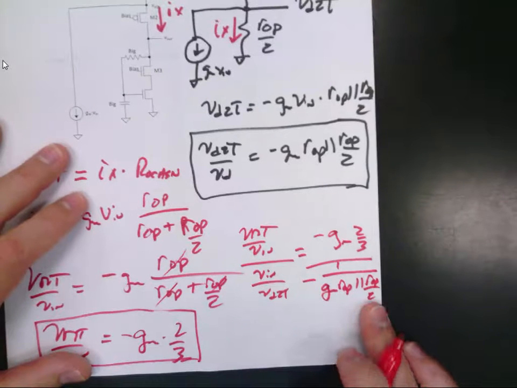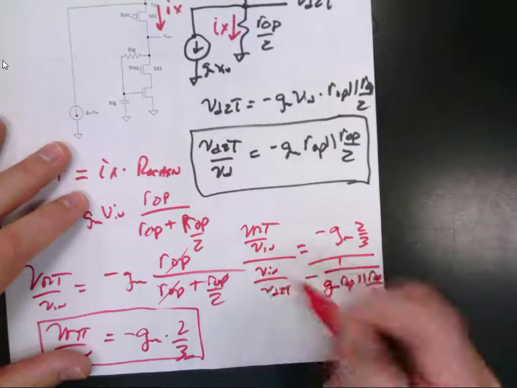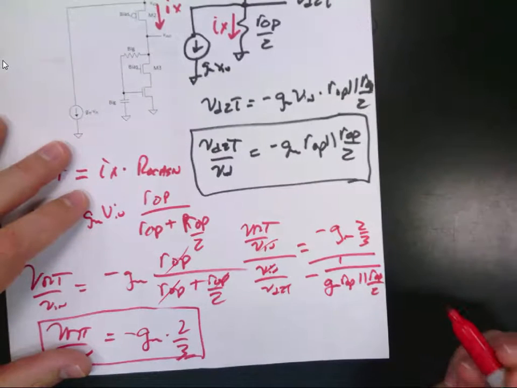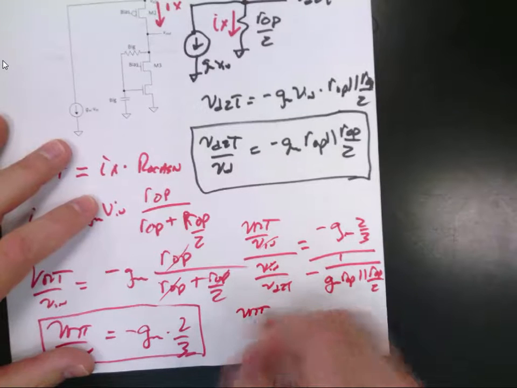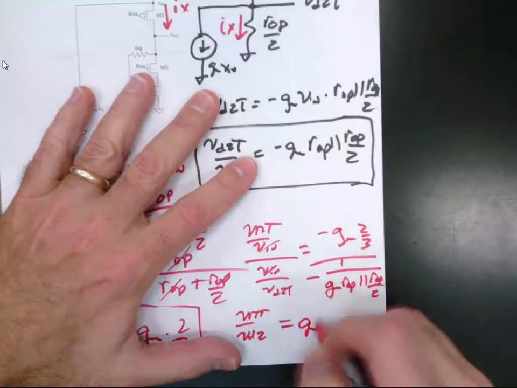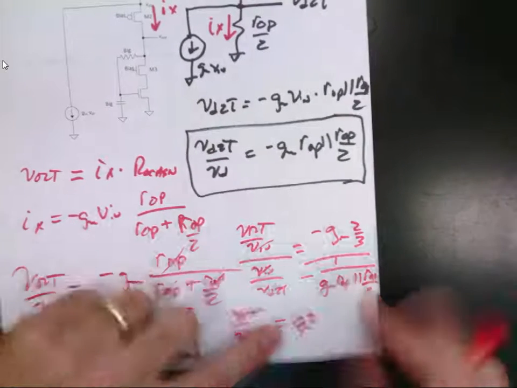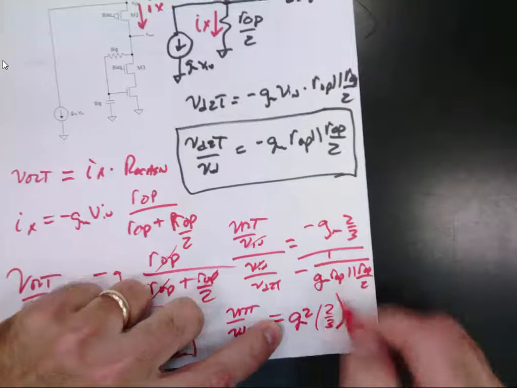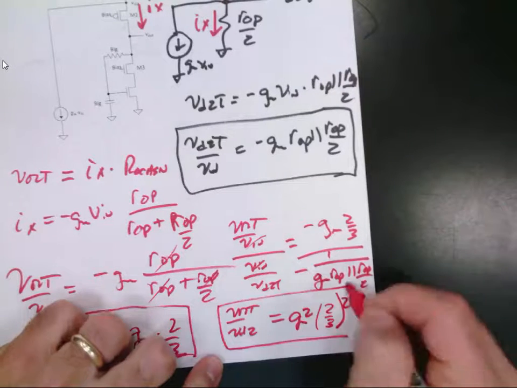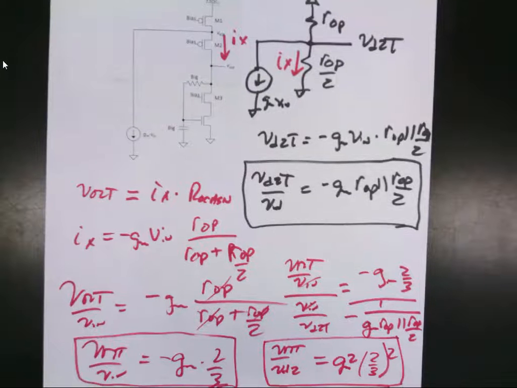Now R out P's cancel once again, so you could probably simplify that even more, but the V ins cancel, and if I did that algebra right in my brain, that would be GM squared. R out P in parallel with R out, I think it's the same thing, so I think it's 2/3 squared. I'm willing to take a chance.